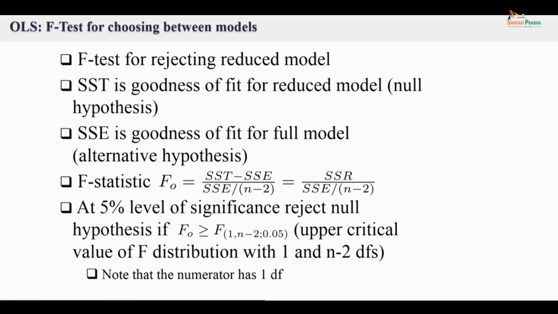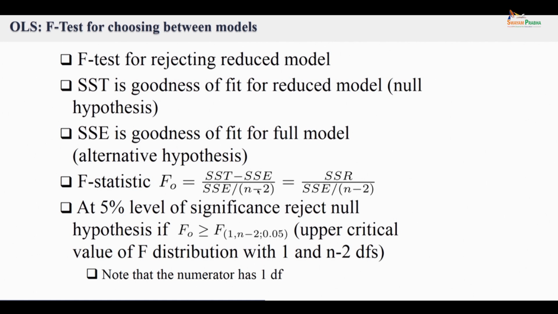This difference, if it is large enough, then we can say maybe it is worthwhile going with the alternative hypothesis rather than the null hypothesis. So, SSR, which is the difference between these, should be large enough. So, for normalization, the denominator represents in some sense a percentage: SSE is the error obtained for the alternative hypothesis.